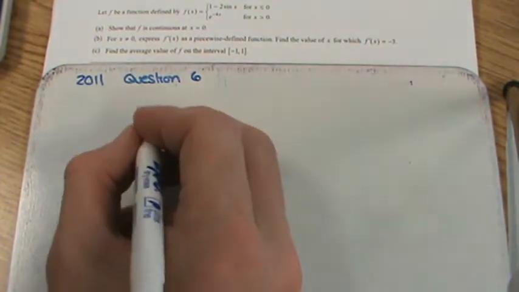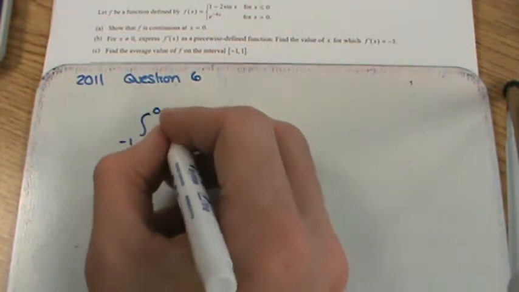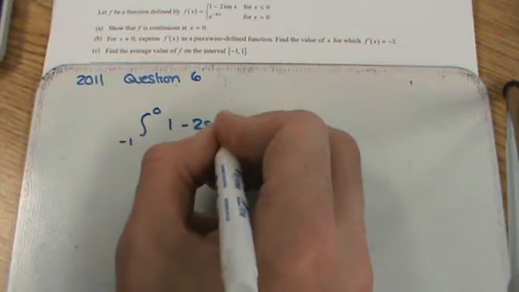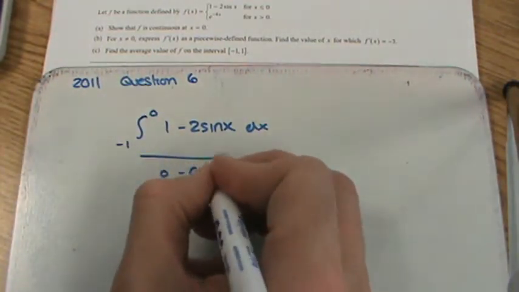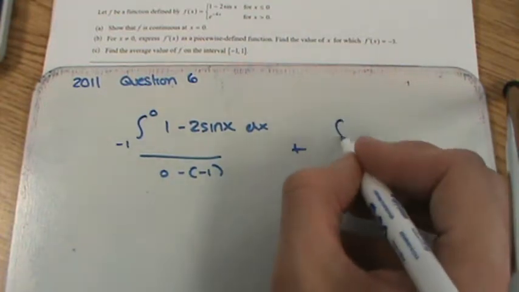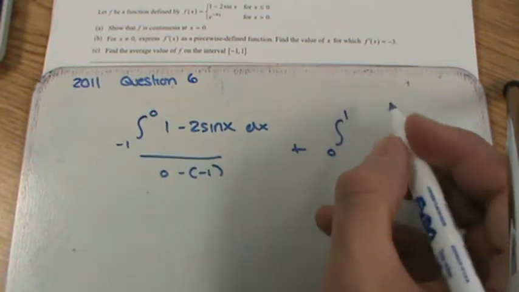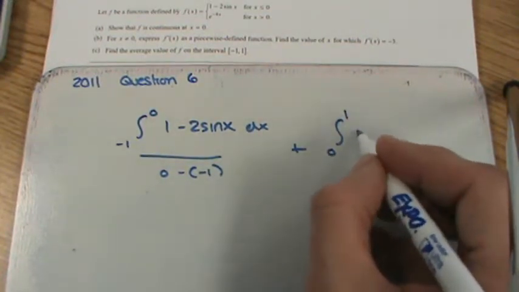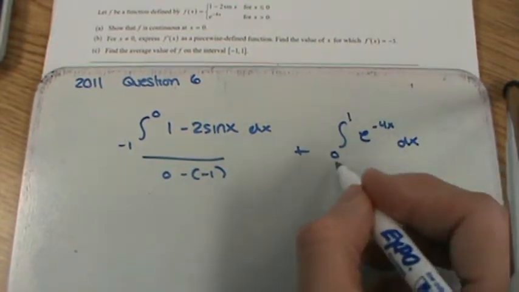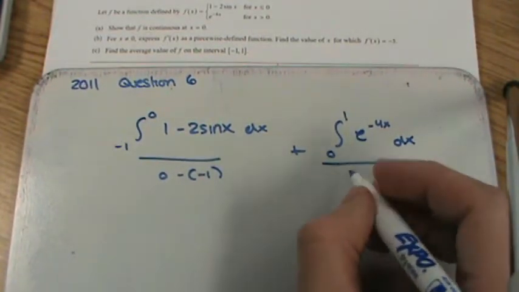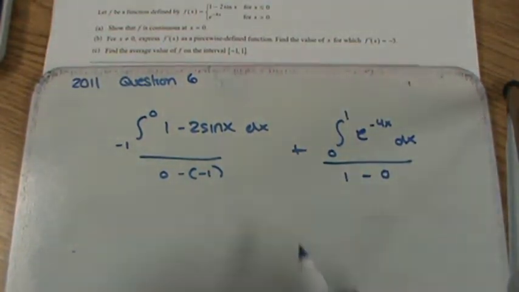We're going to go integral of -1 to 0 of the 1 minus 2 sine of x dx over 0 minus -1, and we're going to add it to the integral from 0 to 1 of e to the -4x dx over 1 minus 0. And we're going to figure out both of those there.